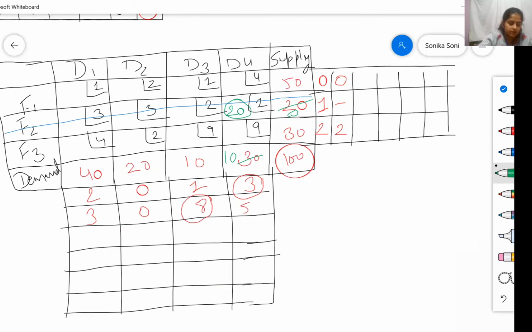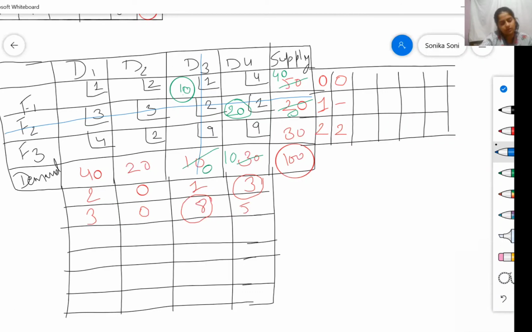We have demand as 10 and supply as 50, so we can allocate only 10 here. Demand becomes 0 but supply becomes 40. Now we have to cancel the D3 column out as demand became 0.